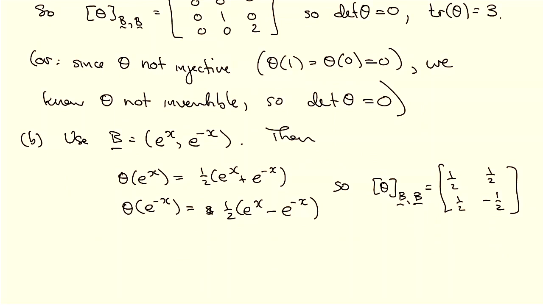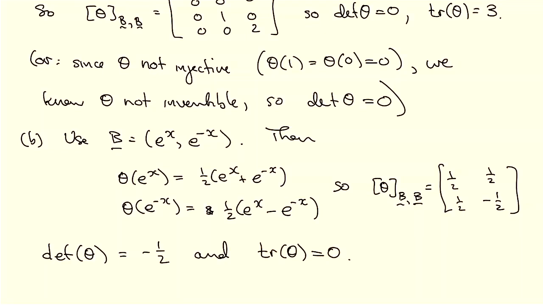So in this case, the determinant is, we just make the calculation, minus a quarter, minus a quarter, which is minus a half, I think. And this time, trace is 0.